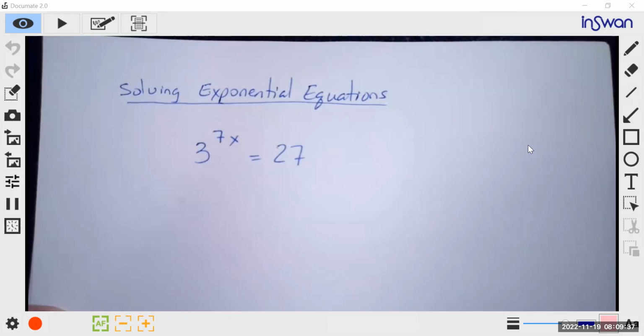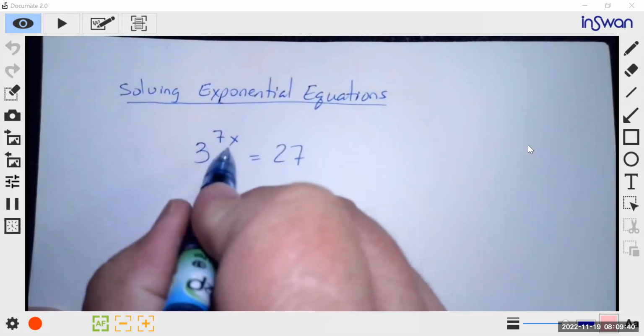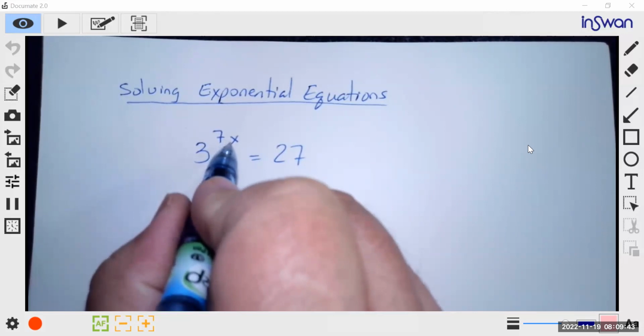There's our example, 3 to the power 7x. We know it's exponential because the x is in the exponent, it's a variable.